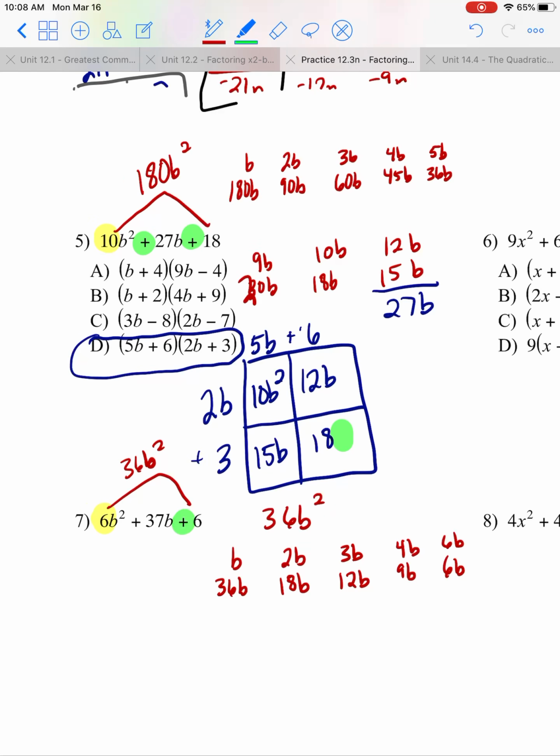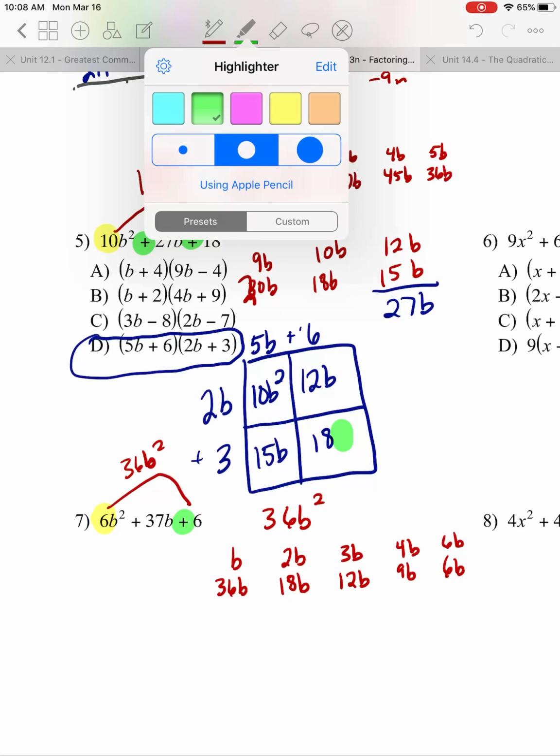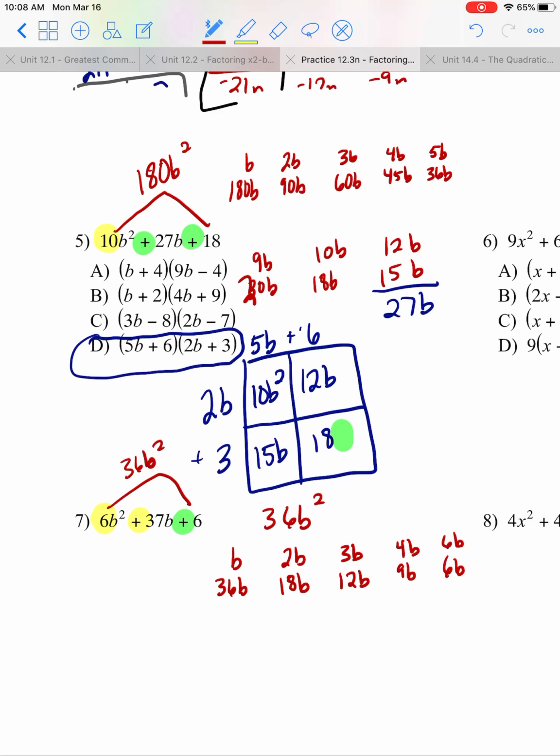In my rules, they're the same sign, and they're both going to be positive. So pretty easy. I can come down through here: 20b, 15b, 13b, 12b. I'm looking for the ones that add up to my middle term, which was 37b. So that's just going to be b and 36b, right?